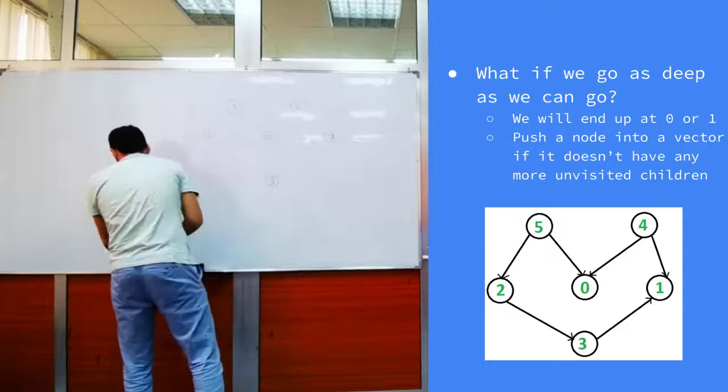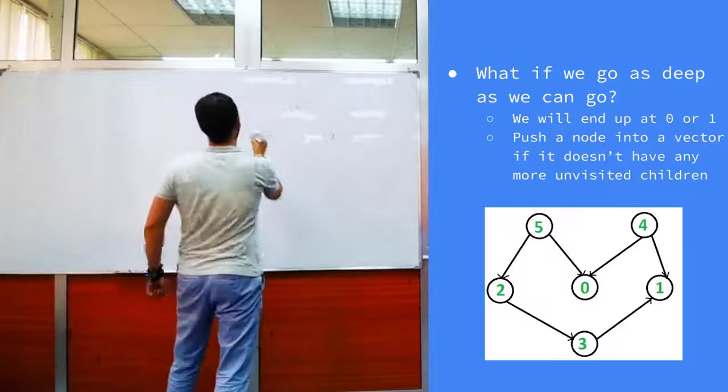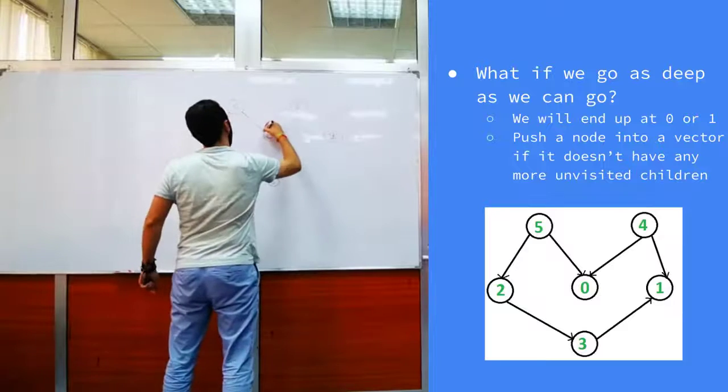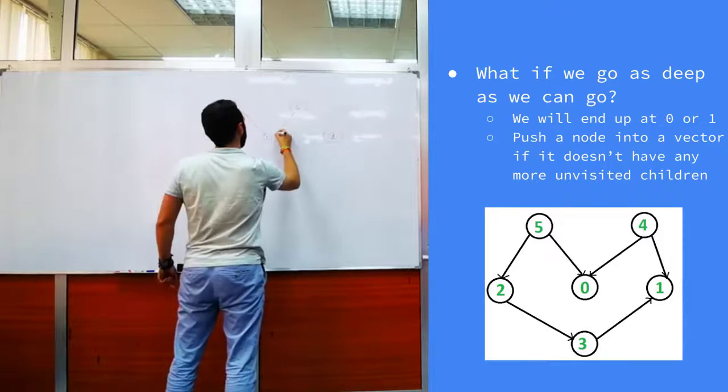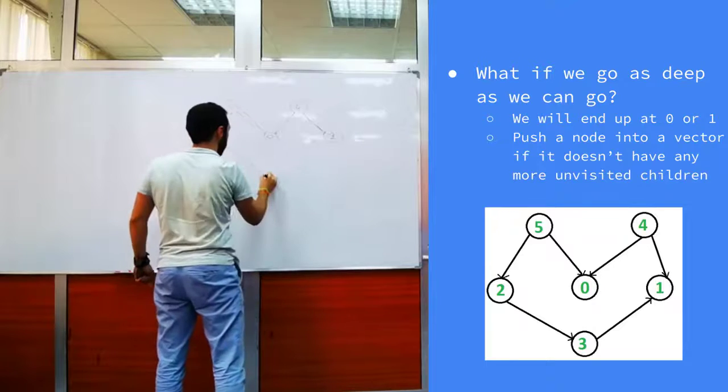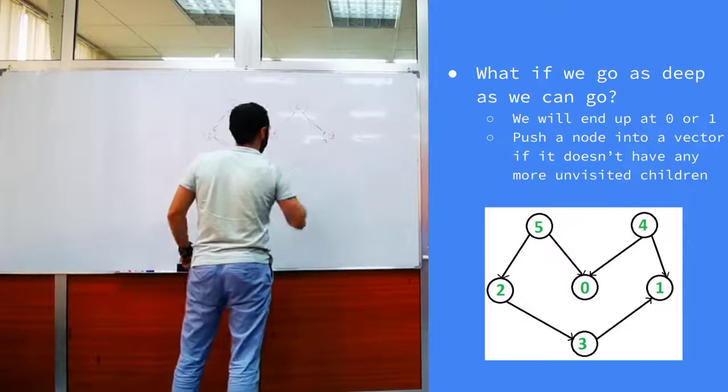And let's also add some edges between them. So we have this one, this one, this one, this one, and this one.